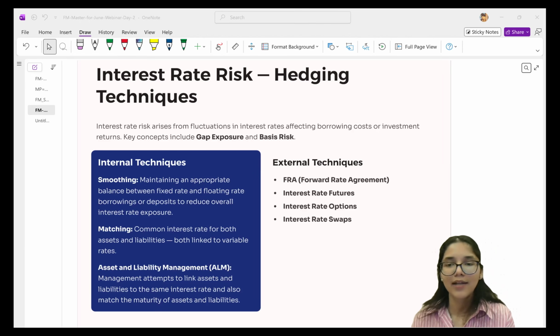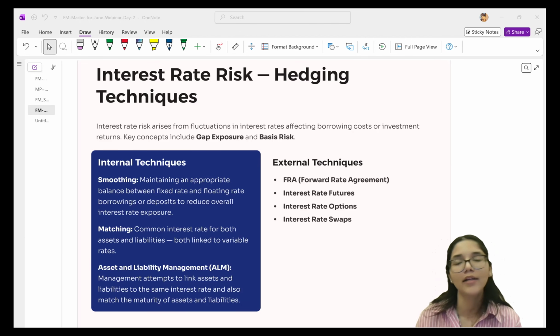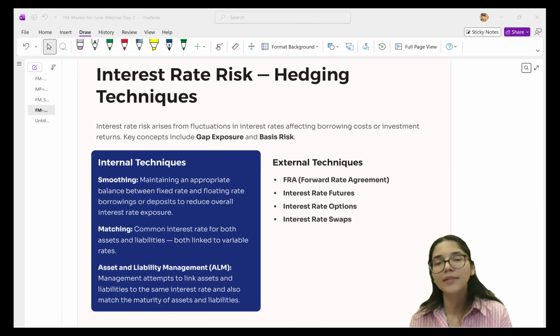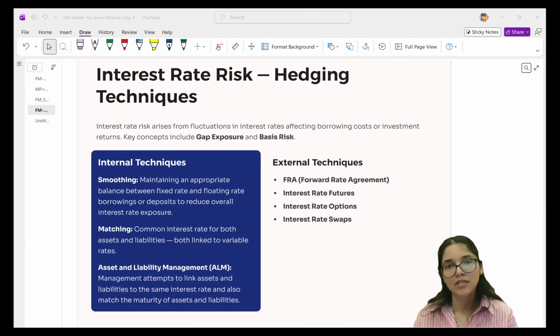So smoothing says that rather than borrowing completely fixed or completely variable, let's try to create a balance. Let's take some amount of debt at a fixed rate and some amount of debt at a floating rate.